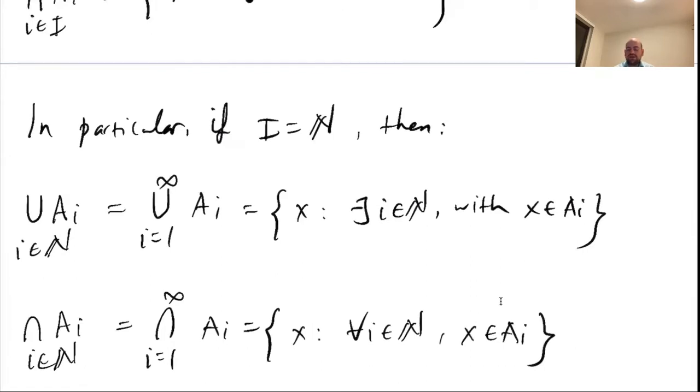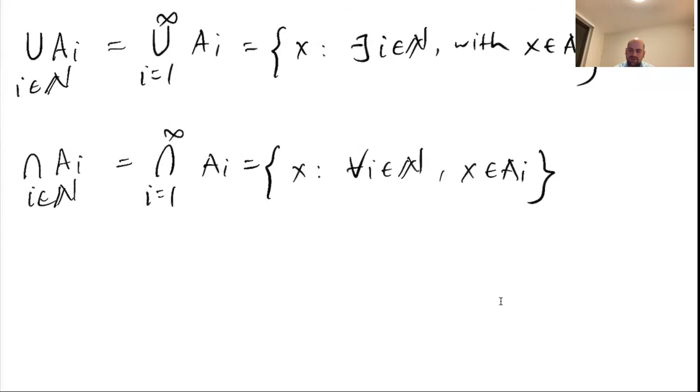Okay, so in the case where the index set is the natural numbers, the union of AI, I belongs to N, is also denoted with the union of AI, I from 1 to infinity, and similarly for the intersection. The definition is still the same as before. Now let's look at an example.